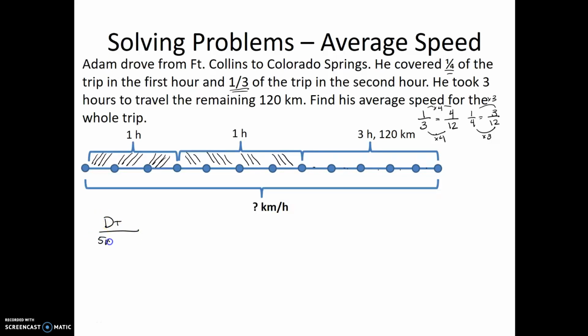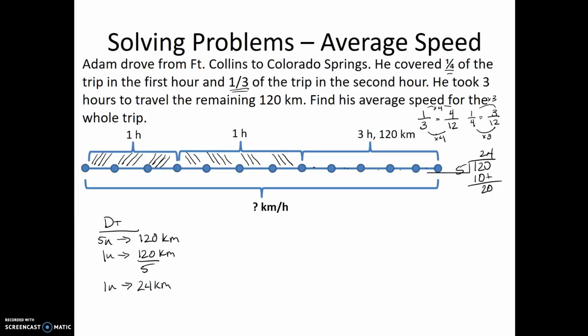We're not going to use our speed formula, just the unitary method. So 5 units equals 120 kilometers. 1 unit is going to be 120 divided by 5. 120 divided by 5 is, I believe, 24, but let's check. Yes, 24. So 1 unit equals 24 kilometers.